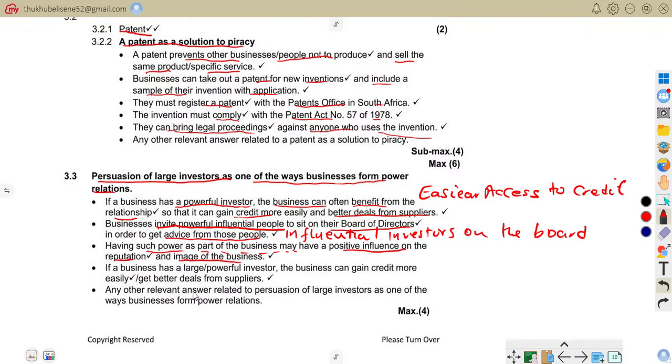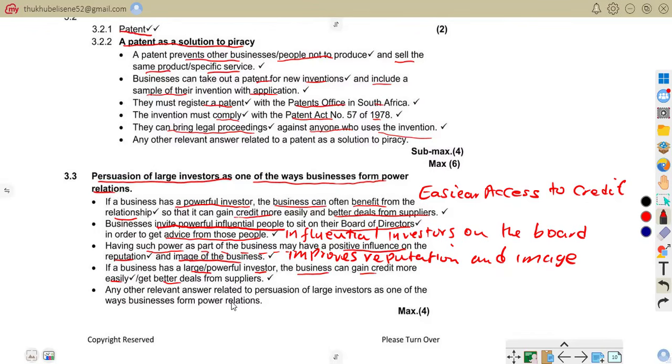Here we are talking about improving reputation and image, because investors give the business credibility. If a business has a large or powerful investor, the business can get credit more easily and get better deals from suppliers.